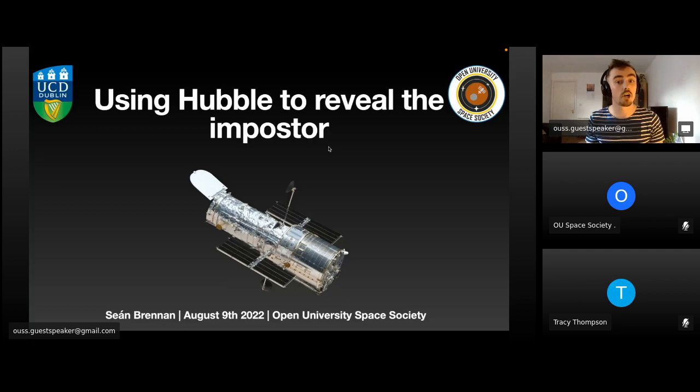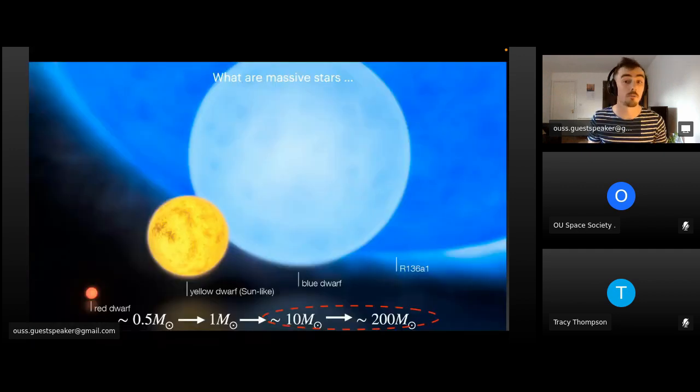So this talk is going to talk about massive stars. I thought I'd start off with a simple question: what exactly are massive stars? We're all familiar with our sun, and we classify this as just a one solar mass star, so we measure everything based off the mass of the sun. As we get larger and larger, beyond about 10 solar masses, up to, well, we don't really know the upper bound, but maybe 100 or 200 solar masses, these stars act in ways that are very, very unlike what we'd expect the sun to do.